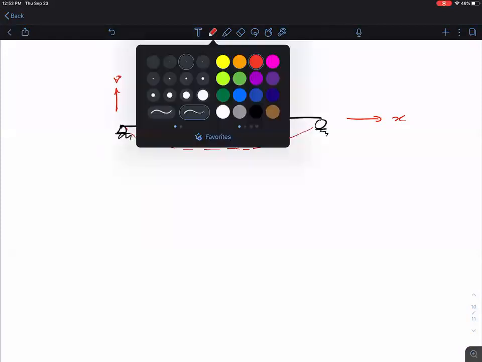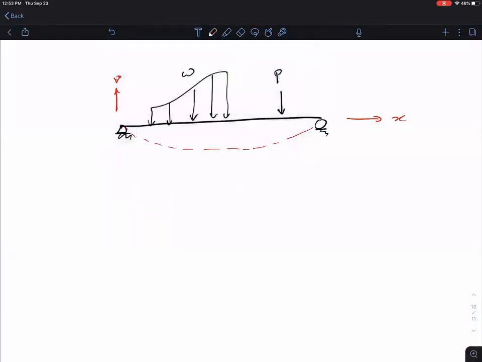We're also just going to focus on an infinitesimal length of the beam that we will call dx. And we will say that the starting point of that segment is at a distance x from the left support.